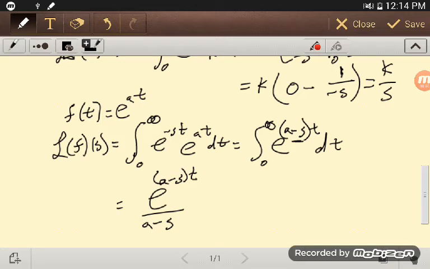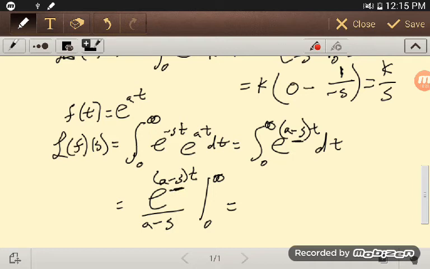And so when I do that, I have to do my limits, 0 to infinity. And so as we plug things in, again, when we put in infinity, notice here's something very important: this only makes sense if s is bigger than a, right?